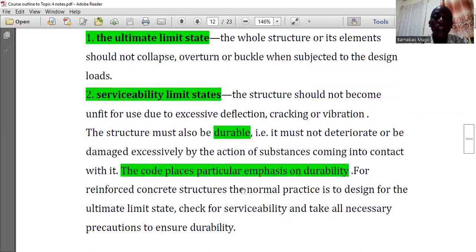Then from there, you need to know that serviceability limit state is where you are just designing for the comfortability of the structure, or the objects or people that are going to be in that structure.